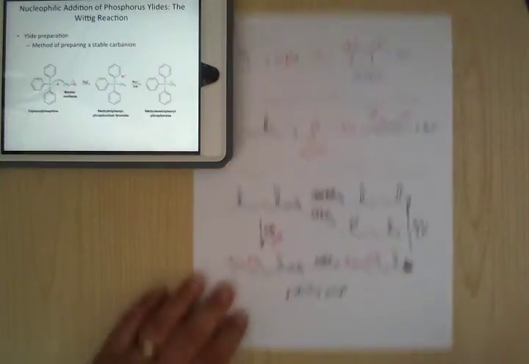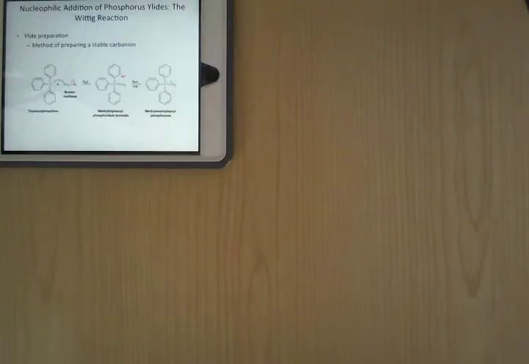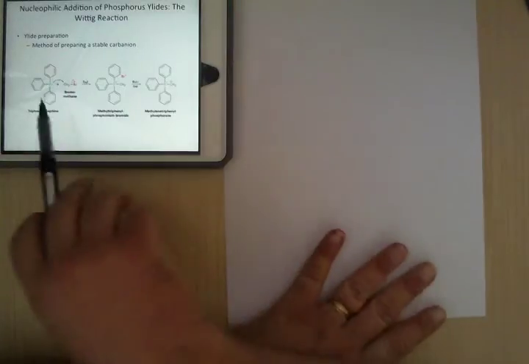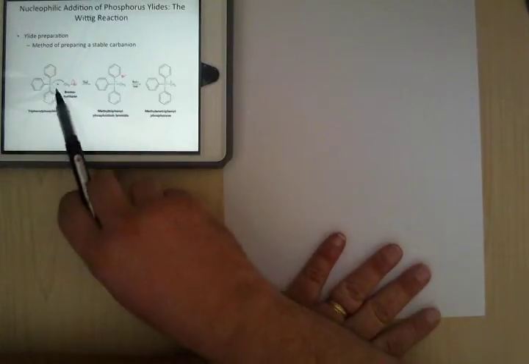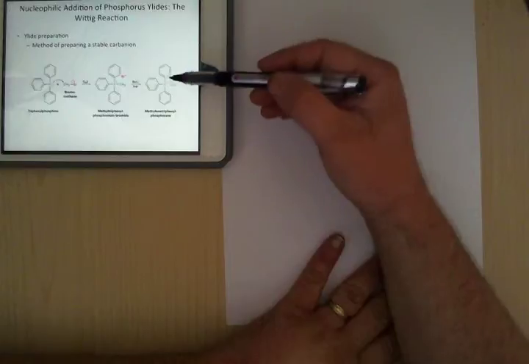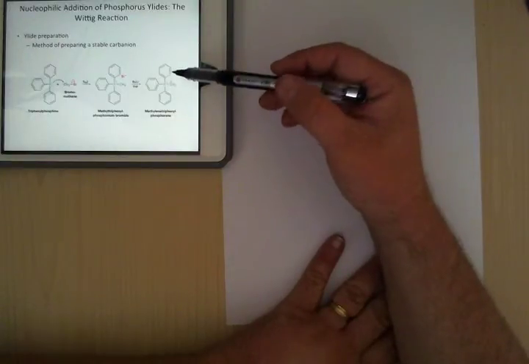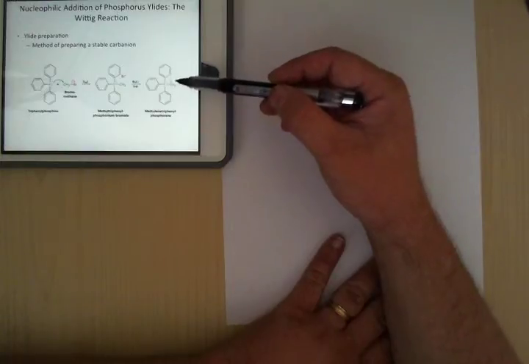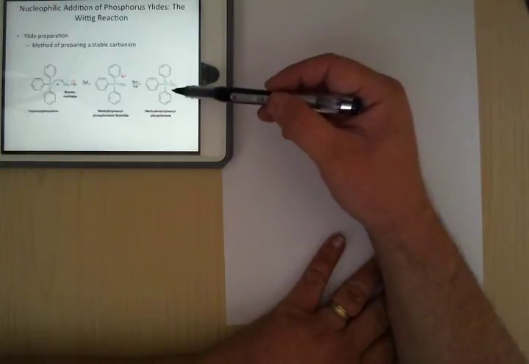Okay, so next up, carbon-carbon bond formation. Again, we're talking about carbon-carbon bond formation. Here, we're going to make what's called an ylide. This is a nice way of having an activated carbon.